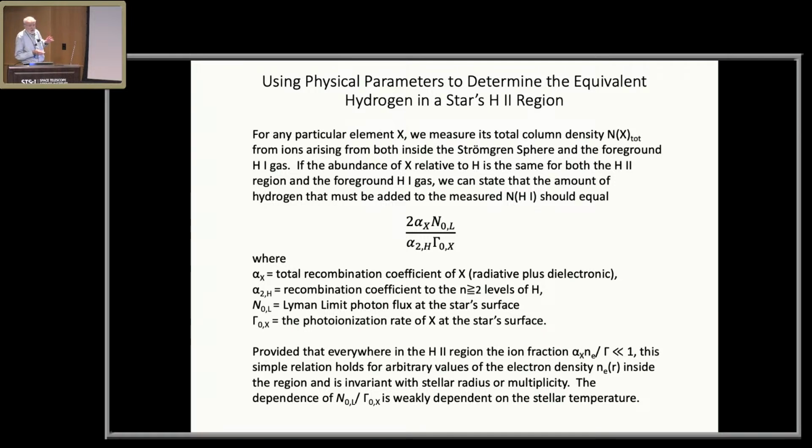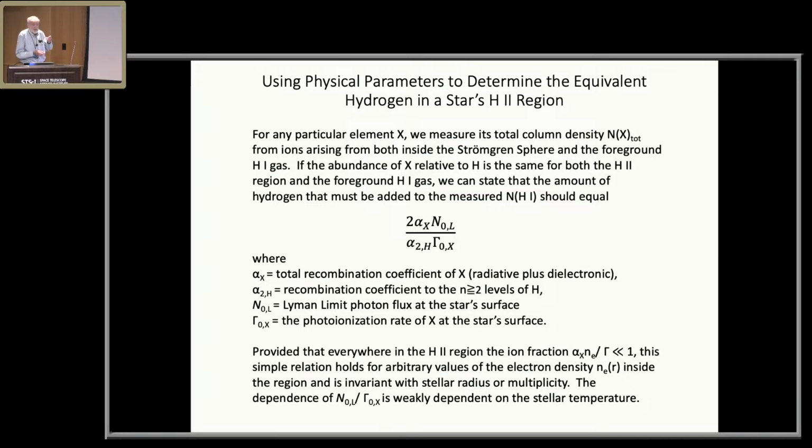Well, for any particular element X, we have a measurement of the H1. We want to know how much H we should add. It's given by this very simple formula here: the ratio of the recombination coefficient of element X to that of hydrogen, and comparing that to the ionization rates. And that ratio holds for almost any electron density.